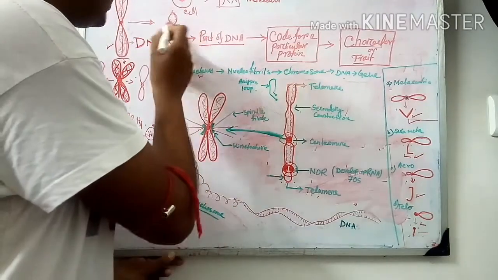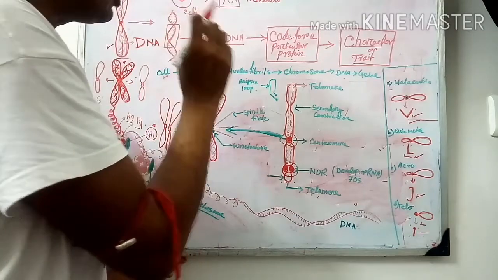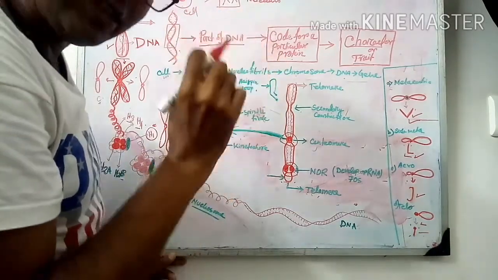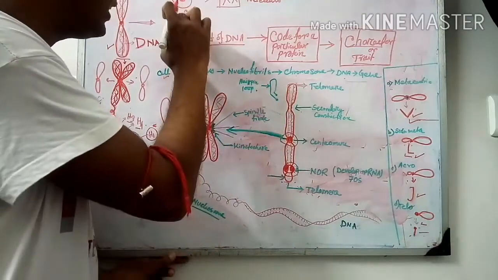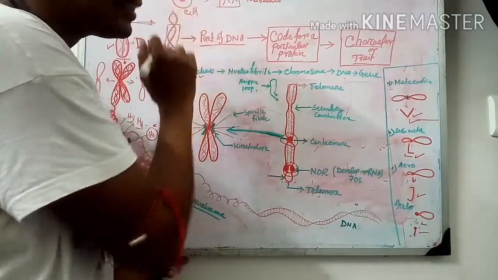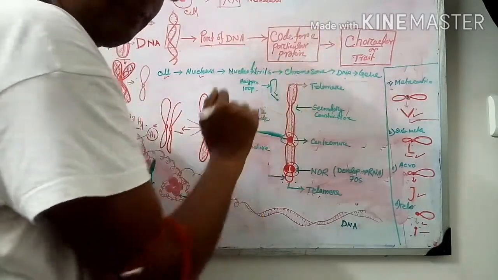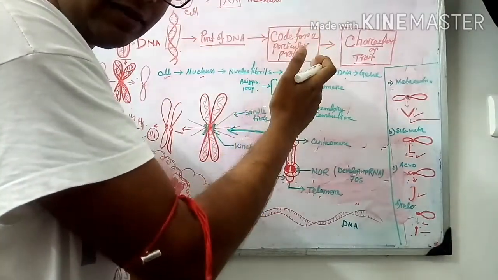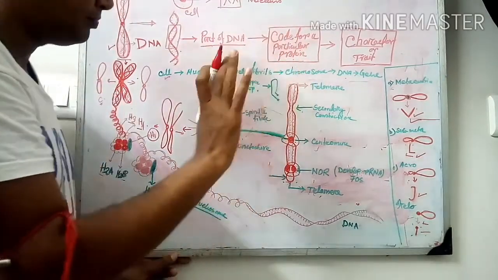That particular part of the DNA is the gene. So in a nutshell, a gene is nothing but a part of DNA responsible for the formation of a functional protein that determines our traits, characters, behavior, whatever it may be.